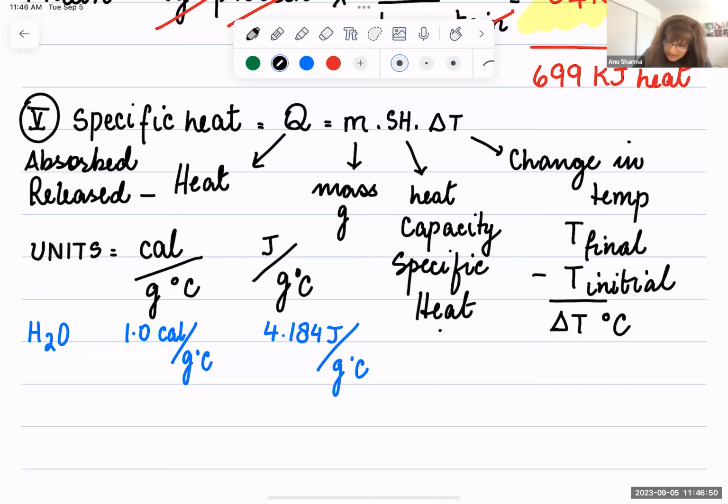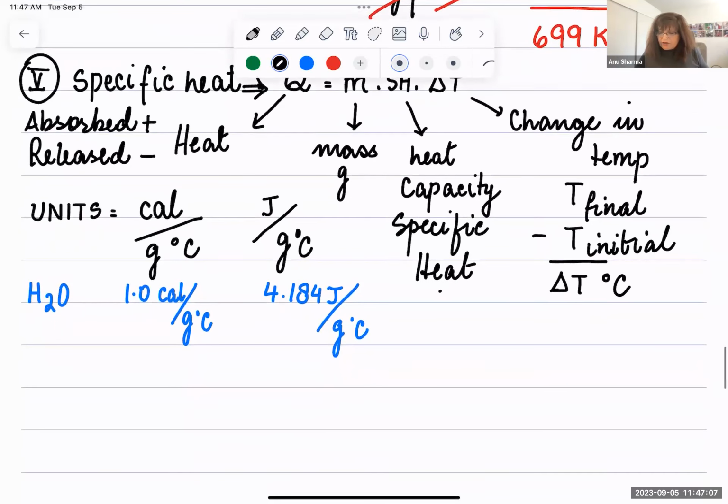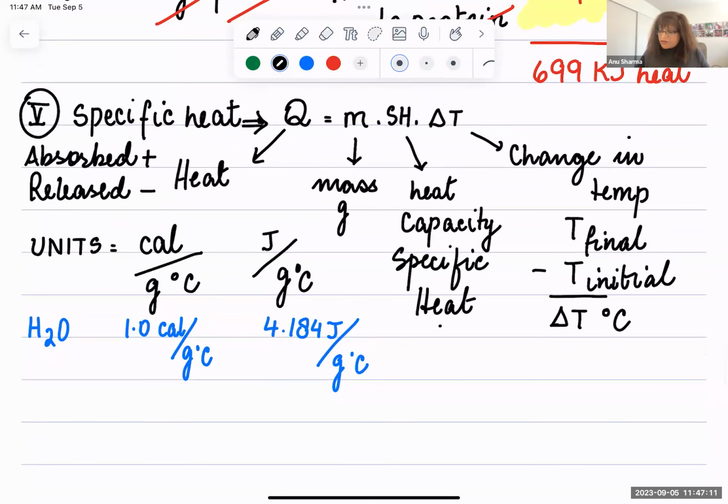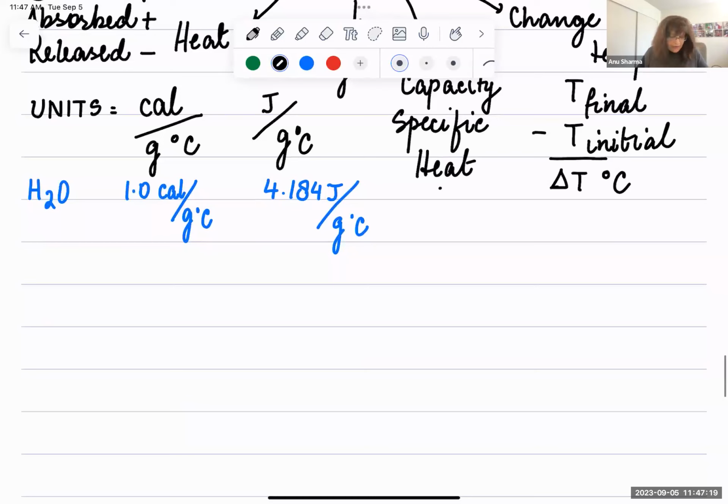If it is released, it can be negative. If it is absorbed, it will be positive. So the negative is just a flow of heat. Q is that amount of heat exchanged in a reaction, or even substances can absorb heat or release heat, and that depends on their capacity to absorb heat. And 1 gram relates to the specific heat capacity. Anyways, for the water, we have these values.